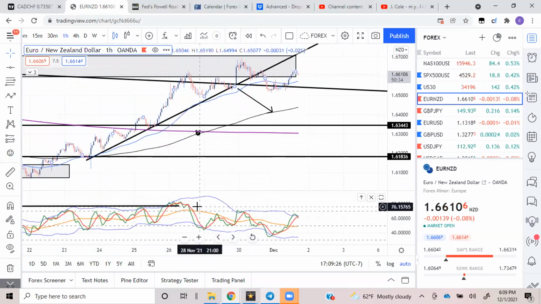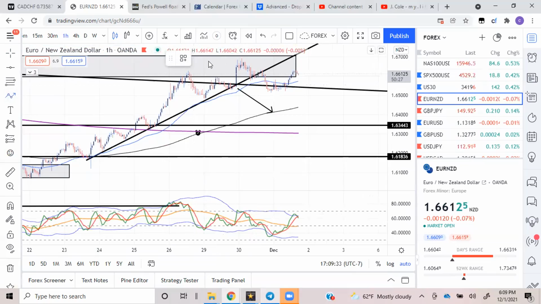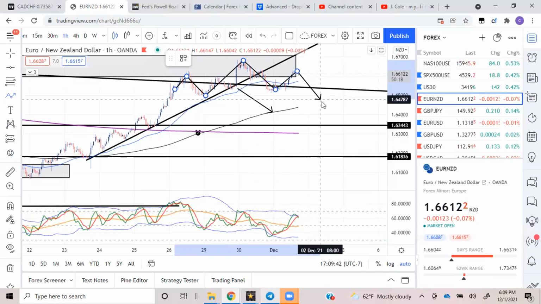So we will see how that goes on, but also here's a shoulder pattern is what I'm looking at right now. So shoulder, head, and then I'm looking for this to be the other shoulder, and then sell down.